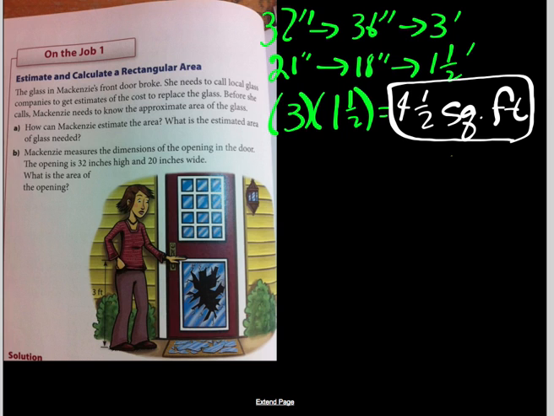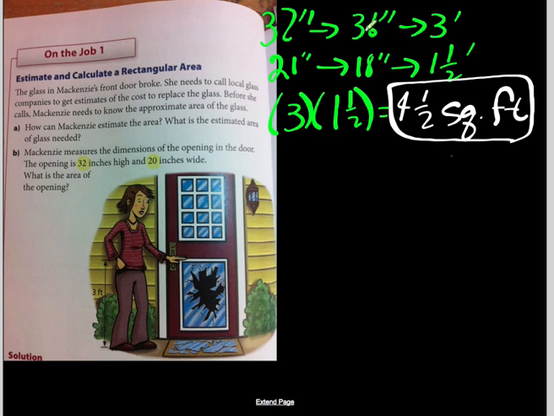If we take a look at the first one, what I did is I took 32 inches and I rounded up to 36 inches because I'm trying to estimate this, which is close to 3 feet. Then I took the 20 inches that Mackenzie found for her window and rounded it down. So I rounded one up and one down because that's what smart people do.